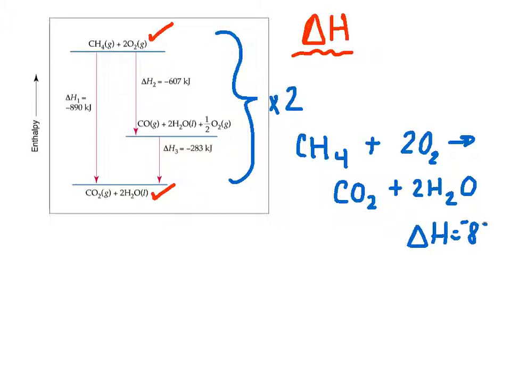Sorry, I'm running out of space here, so I can't quite fit that in there. However, let's say that you ran it a second time. Well, it probably wouldn't surprise you that you get another 890 kilojoules.